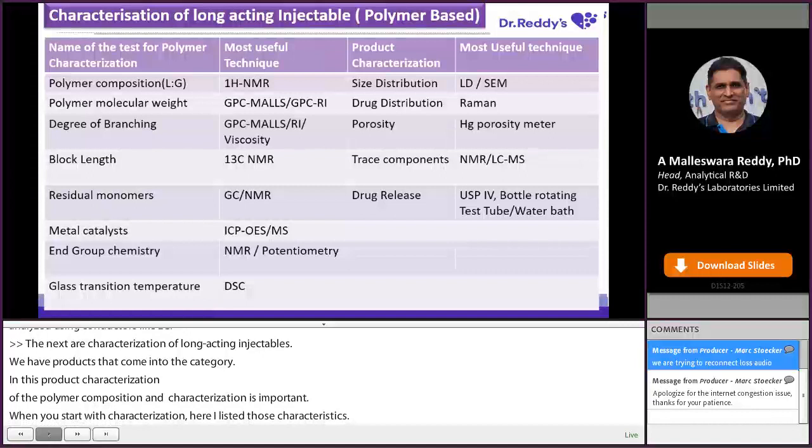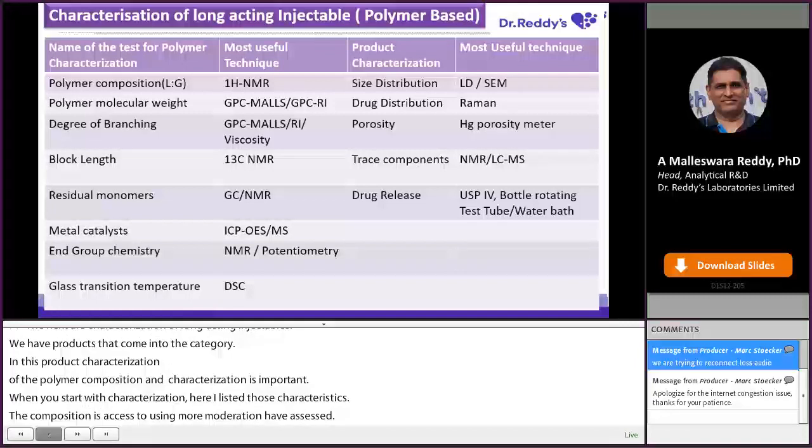Molecular weight is assessed using GPC-RI or GPC-MALS, and degree of branching using MALS, RI, and viscosity together as a triple detector. Block length is analyzed using carbon-13 NMR. Residual monomers can be analyzed using GC or NMR.